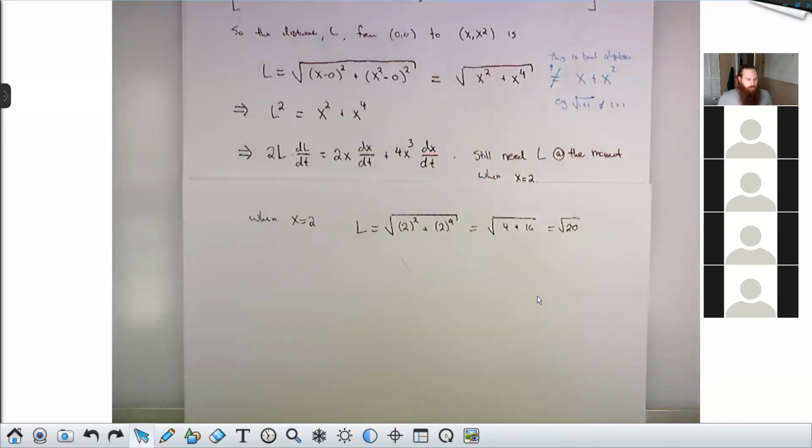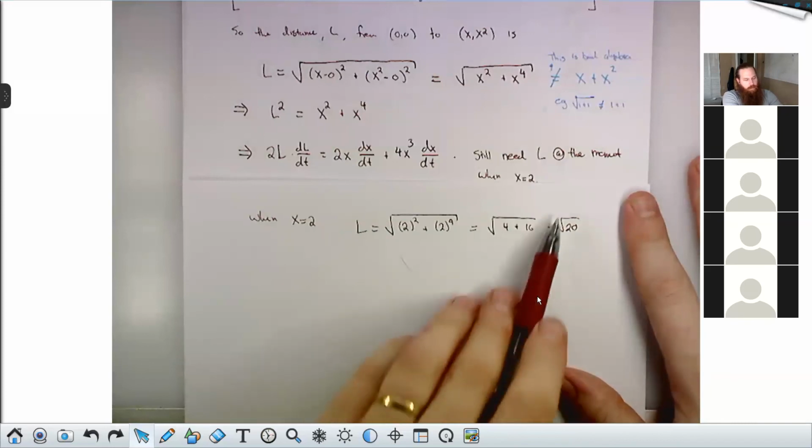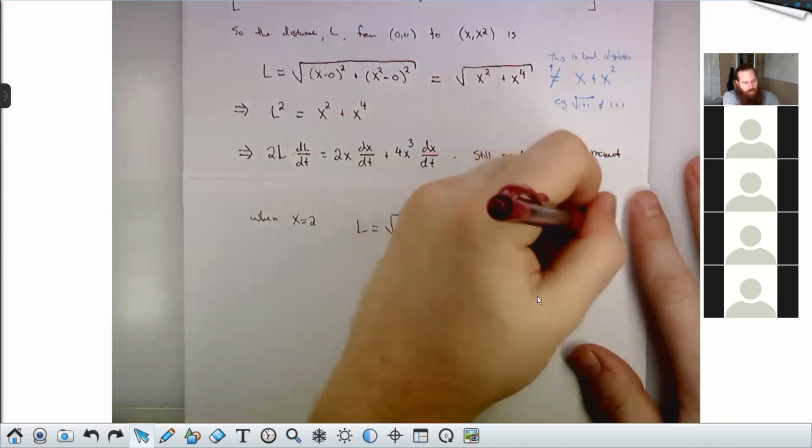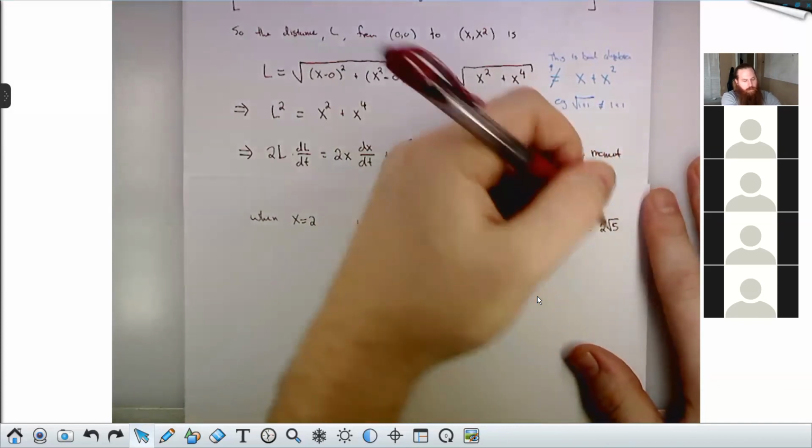And again, the square root of 20 is definitely not 2 plus 4, which is what you'd get if you took the square root separately. This is 4 times 5, so I can write that as 2 times the square root of 5 if I want.